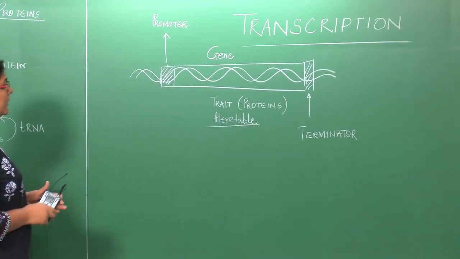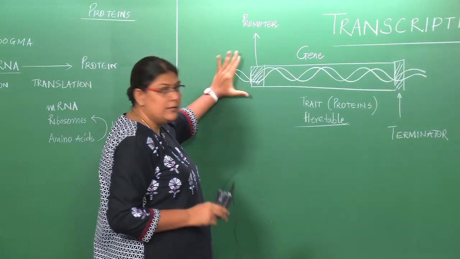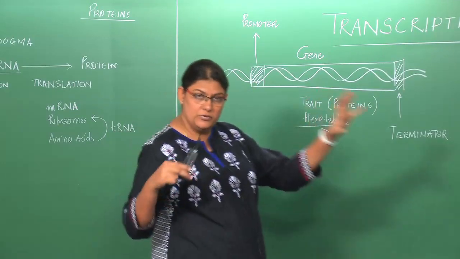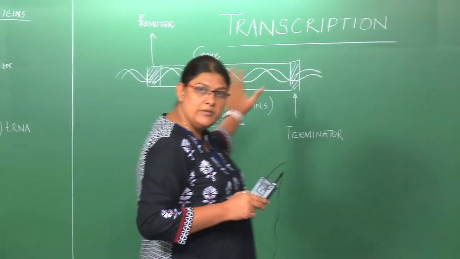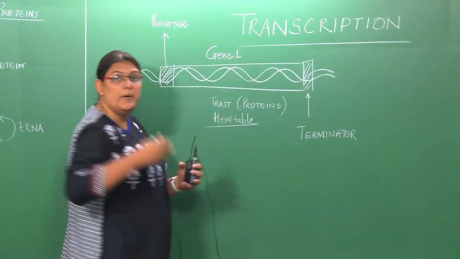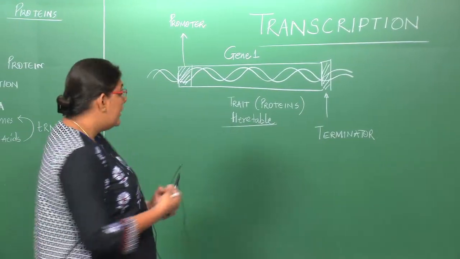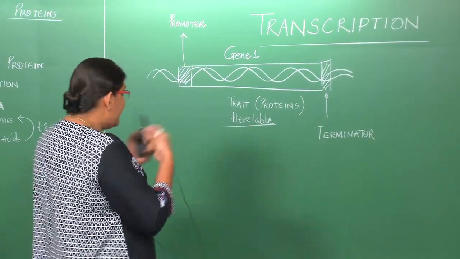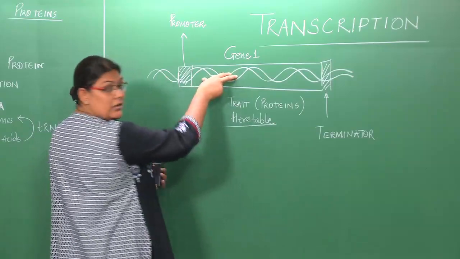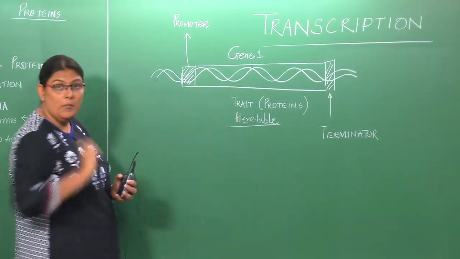Okay. So, at the time of transcription, the DNA is loose, it is loose chromatin, the promoter is present, and let us say this gene has to be copied into an RNA. The script which is written here is going to be rewritten into an RNA molecule.